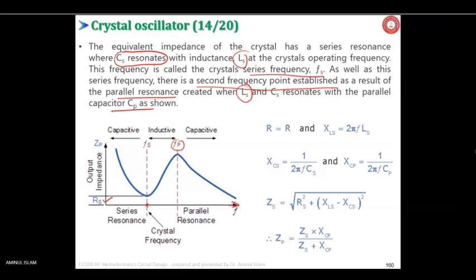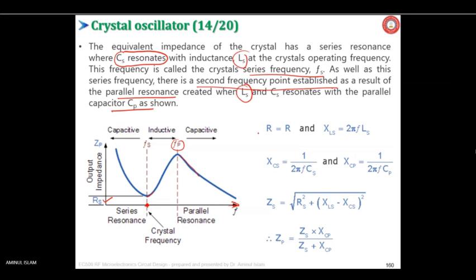When the frequency is less than the series resonant frequency, the quartz behaves like a capacitor only. Then higher than that resonance frequency, it behaves as an inductor, and after FP, it becomes capacitive again. After the parallel resonant frequency it behaves capacitive.